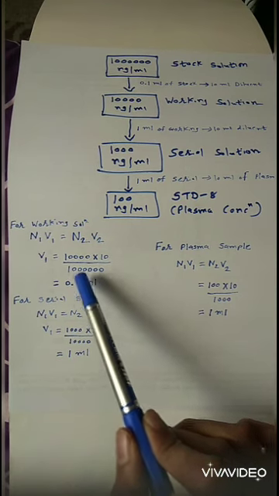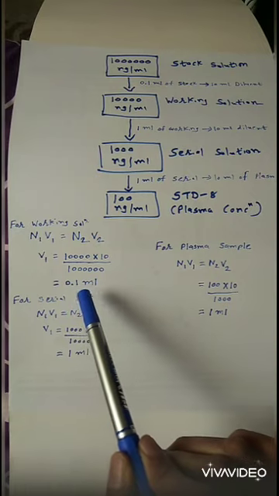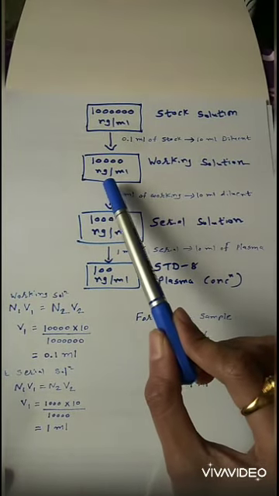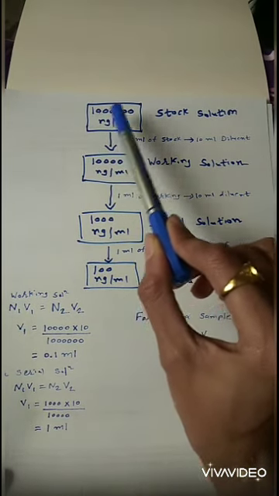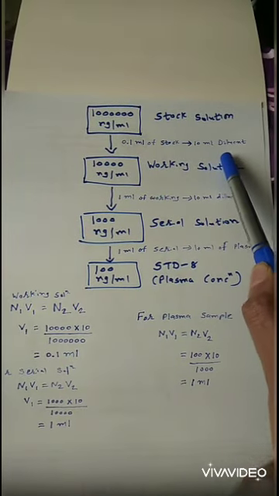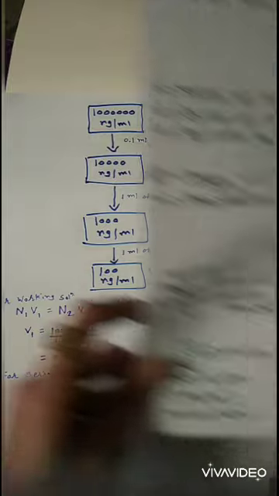If we solve this equation, we will get 0.1 ml. So to get the working solution of 10,000 nanogram per ml, we need to take 0.1 ml of stock solution and dissolve it in 10 ml of diluent, and then we get 10,000 nanogram per ml of working solution.